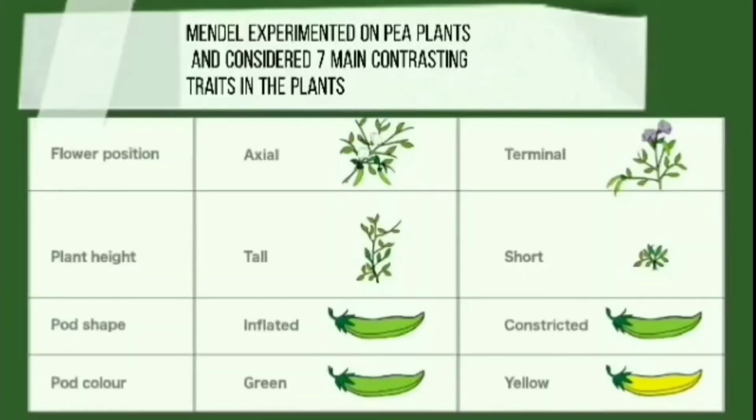Flower position, dominant trait, axial, recessive trait, terminal. Plant height, dominant trait, tall, recessive trait, short. Pod shape, dominant trait, inflated, recessive trait, constricted. Pod color, dominant trait, green, recessive trait, yellow.